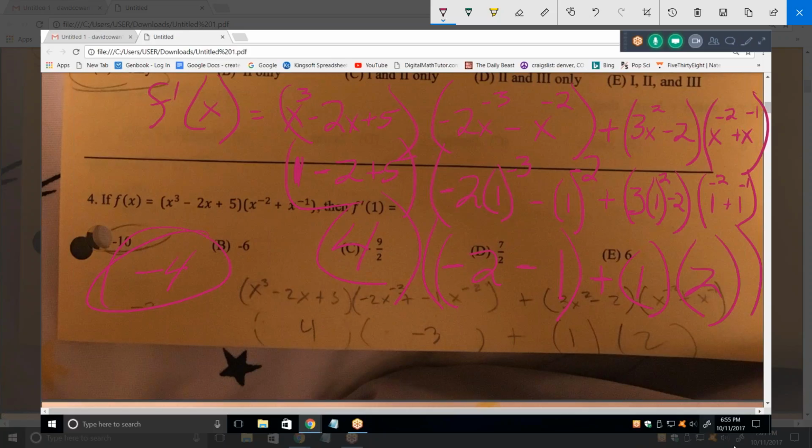You actually did this correctly. You're right, I did just have my parentheses in the wrong place. But that's what you do. You find the derivative, and then you substitute whatever number is in the parentheses into your derivative function.